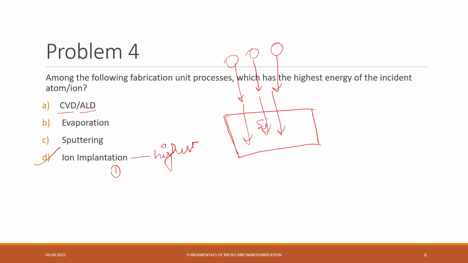So essentially we involve energized atoms coming to the substrate. That's why this comes to the second tier, the second highest energy.